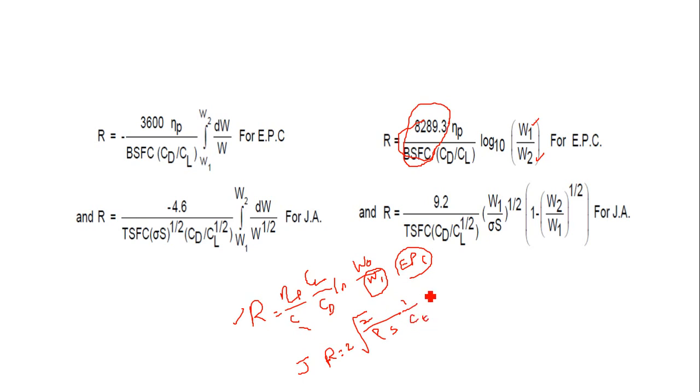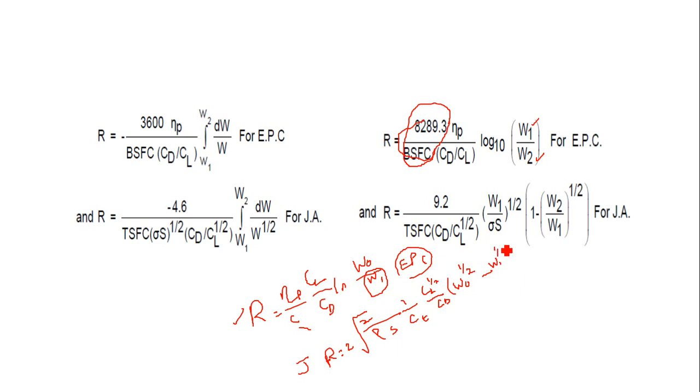This CT is also thrust specific fuel consumption. CL power 1 by 2 divided by CD, into W0 power 1 by 2 minus W1 power 1 by 2.